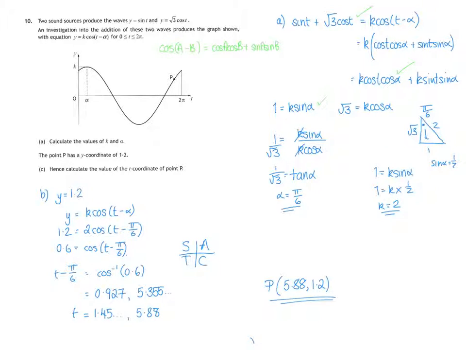You get 1 for interpreting the comparison, so being able to find the values for alpha and k. And then for part B, you get 1 mark for knowing to set it equal to 1.2, 1 for rearranging correctly, 1 for solving the equation for t minus pi over 6, and then 1 for finding the t coordinate of P by interpreting the diagram, so knowing that it's got to be the second value, not the first one.